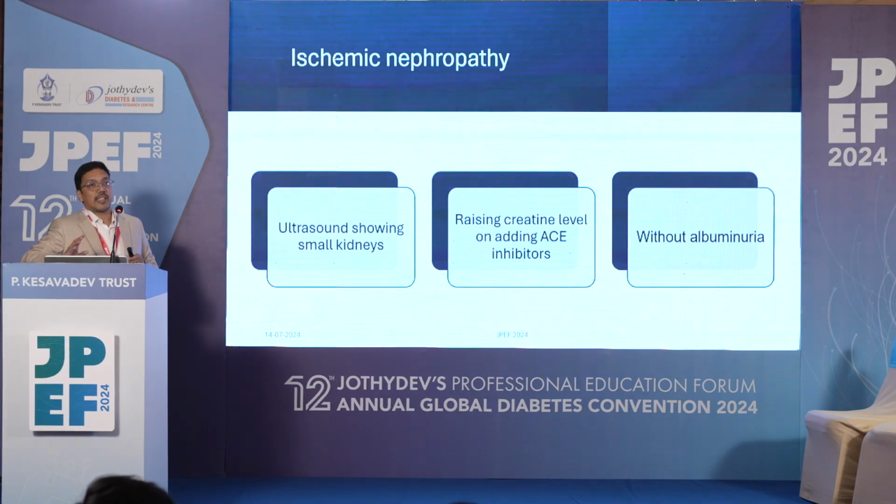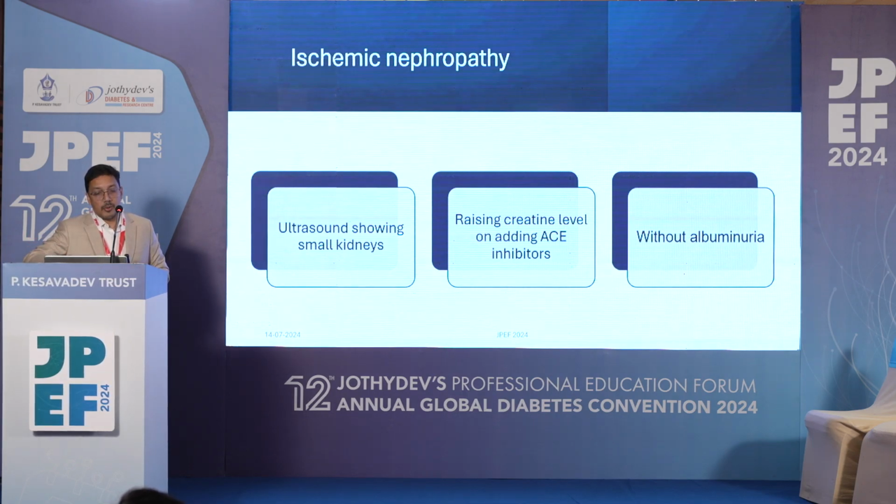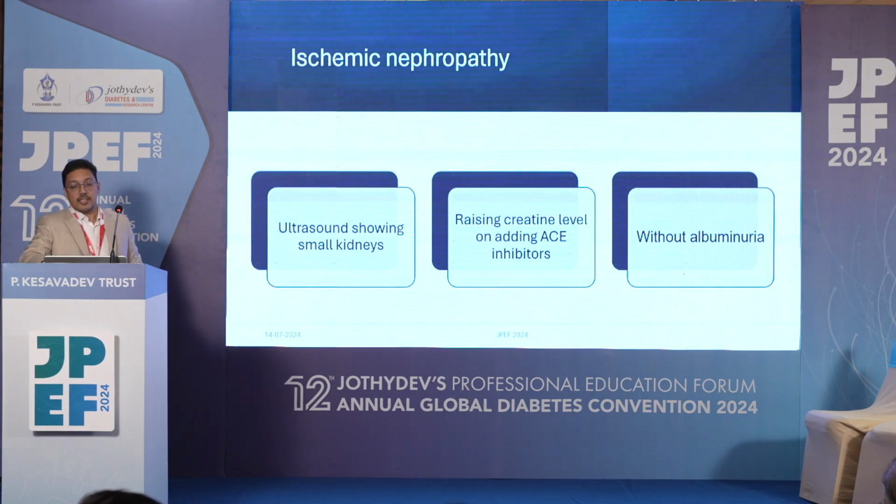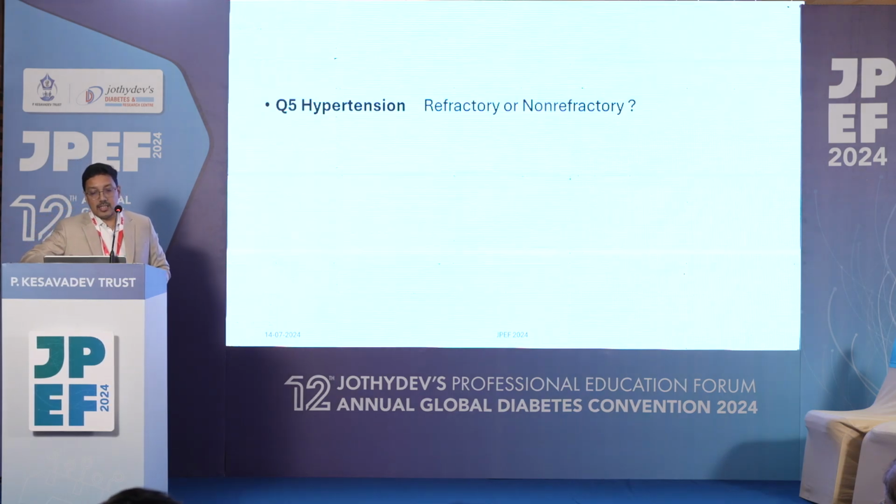Coming to ischemic nephropathy, which is the major cause for this non-albuminuric DKD, the ultrasound may show small kidneys, and there is a rise in creatinine level, especially when you add an ACE inhibitor, a rise in creatinine of more than 30%, and usually the patient will not have albuminuria if you do the urine exam.